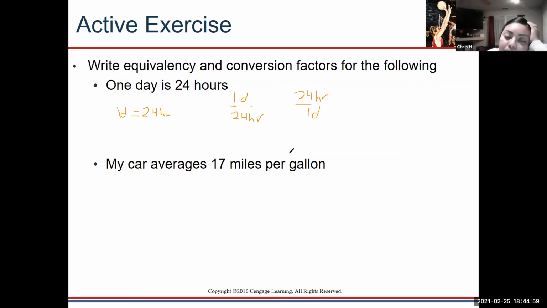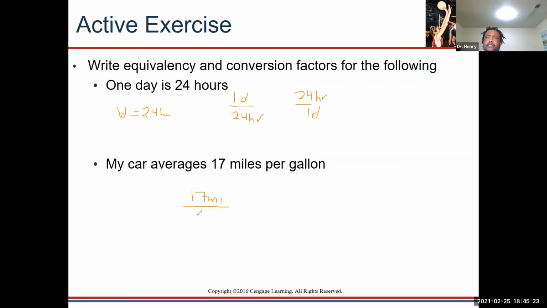So what if I say my car averages 17 miles per gallon? How can I write that? 17 miles and then the wiggly line.